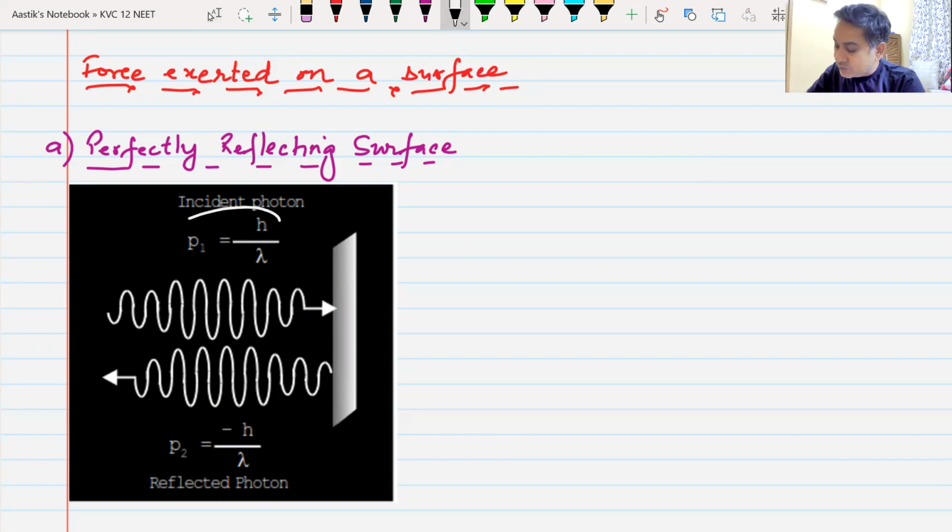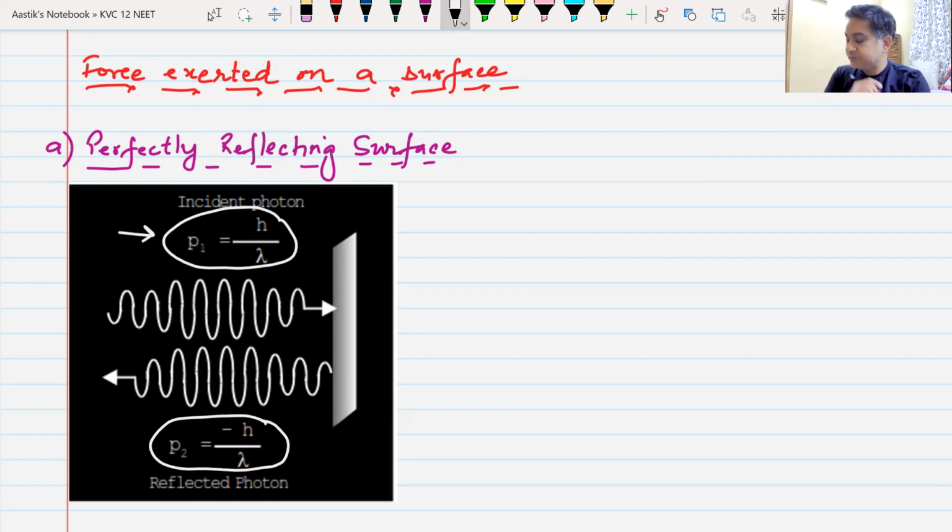You can see photons are incident on the surface. They fall on it and then move back, and their momentum is reversed. When dealing with this question, first understand what is given to you.